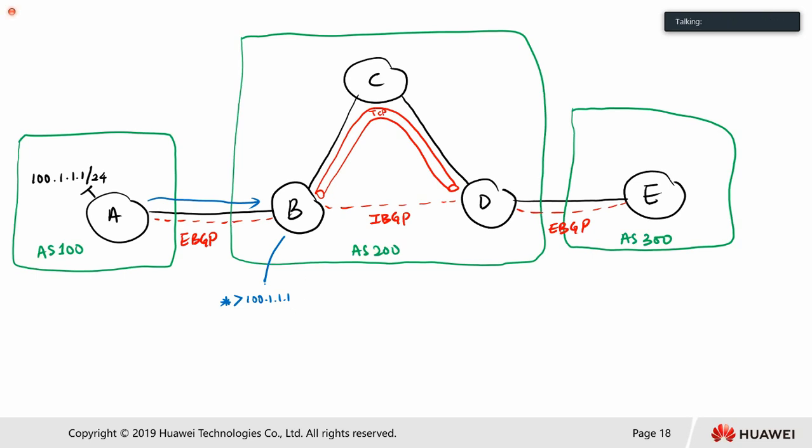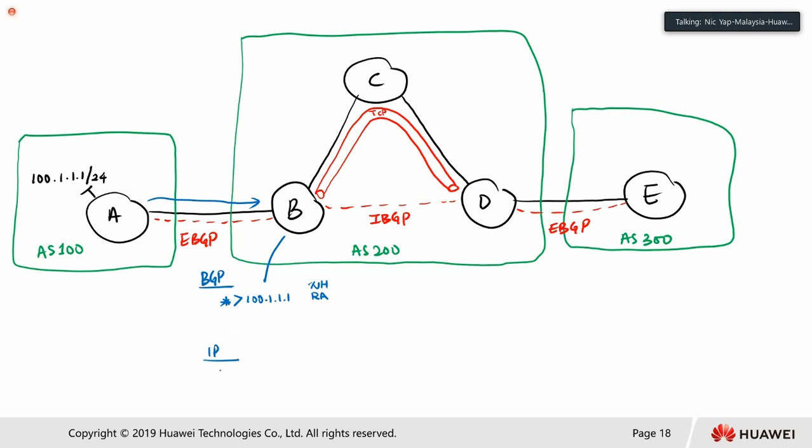Next, this is my BGP table. They also have IP tables.